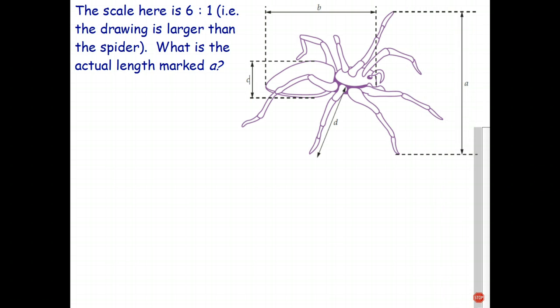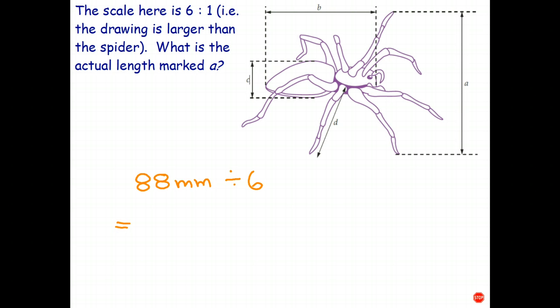Okay, we can drop that into the bin. So the scale length, I shouldn't say the actual length, the scale length is 88 millimeters, but that is 6 times larger than the actual spider, so I have to divide that by 6.